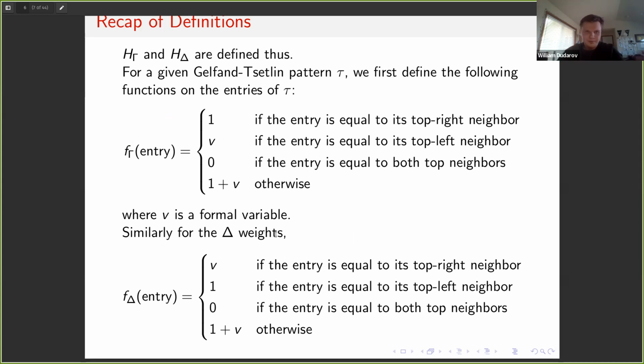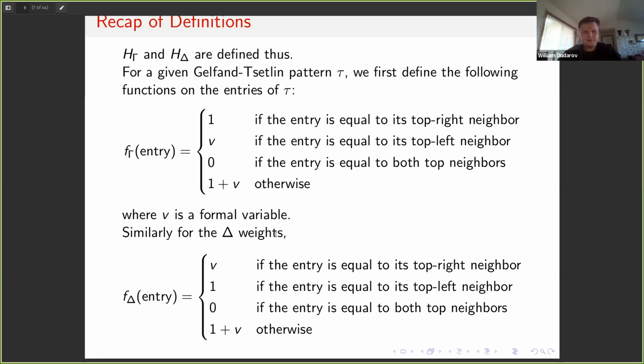So I want to define these natural definitions of the p part of H, these definitions H gamma and H delta. First, we take a Gelfand-Tsetlin pattern tau, one of those triangular arrays of integers.